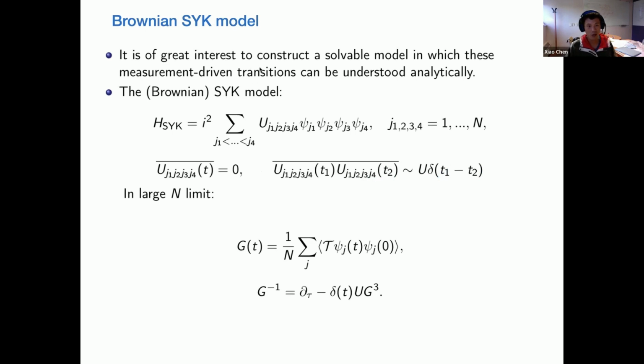For the Brownian SYK, u is not only a random variable, it is a random walk in the time direction, meaning there's no correlation between different times. This is called the Brownian SYK model. This model is also analytically solvable in the large N limit. We get the saddle point solution for this model.